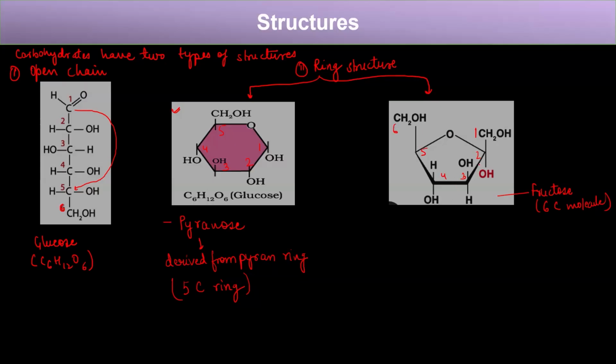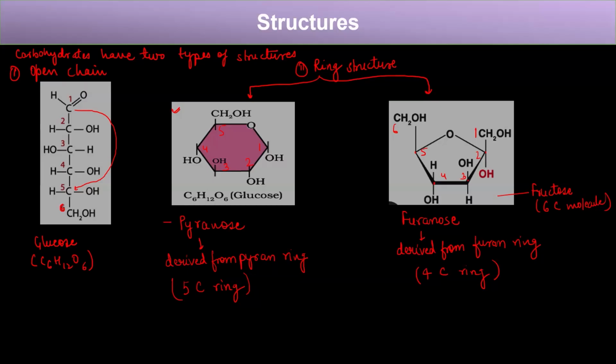But inside the ring, you have only 4 carbon molecules. So this structure is known as furanose, and it is derived from the furan ring. The ring contains only 4 carbons, 1, 2, 3, and 4. So it is a 4 carbon ring. So the ring structures are of 2 types based on the type of ring it consists of.